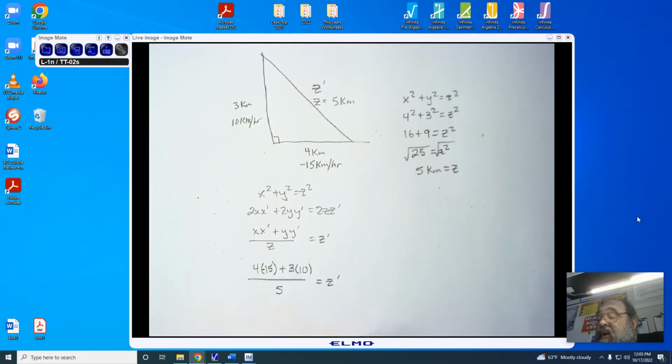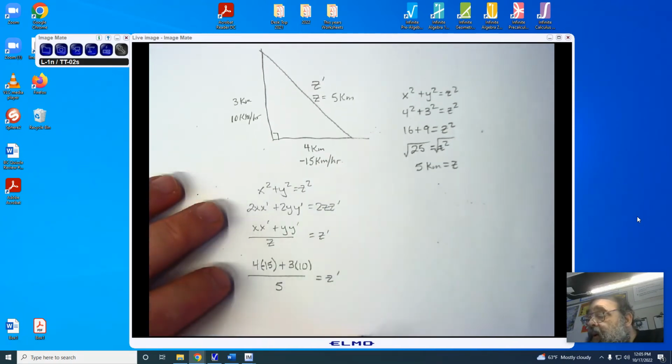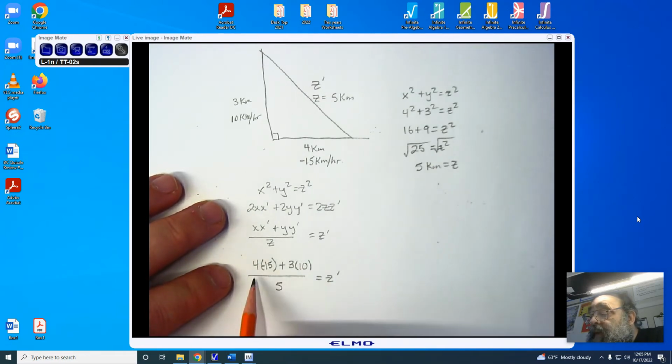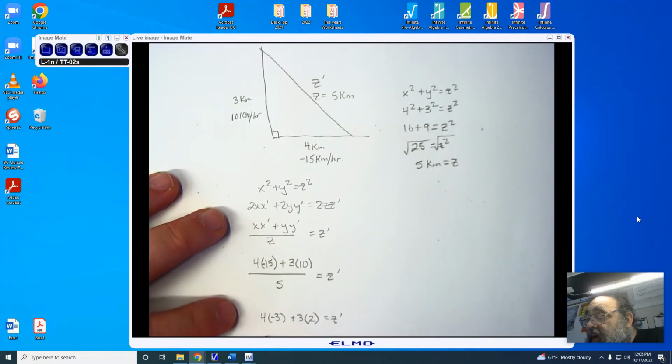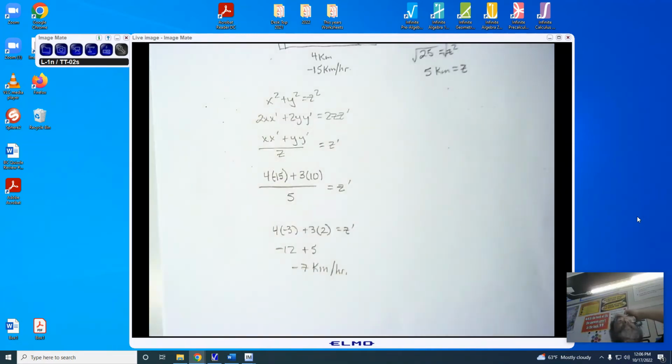If we choose not to use z prime, we don't have to. However, I will point out that they both have a 5. So I'm looking at 4 times negative 3 plus 3 times 2, and I have divided by 5, leaving me with negative 12 plus 5 is negative 7 kph.